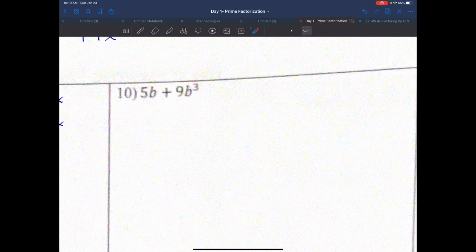So we have b and b cubed. These two terms have a b. And what I'm going to do with that variable is figure out the lowest degree that goes into b and b cubed.